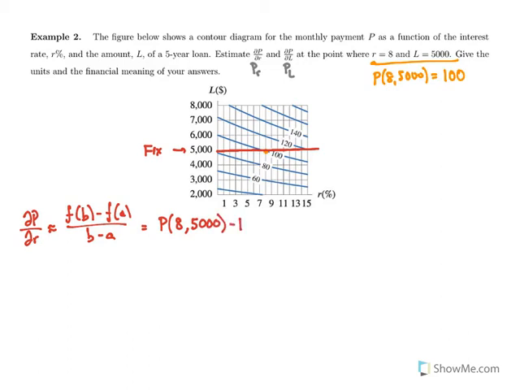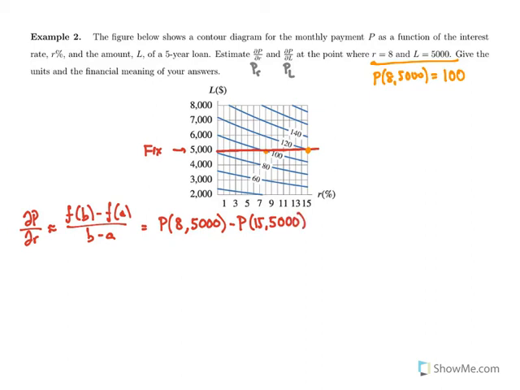And we're going to look at another function value. The only other one to really look at is maybe this point right here, because I know what the function value is at that. It lies on a different contour. That's why we're choosing that one. That might be P of 15, 5,000.